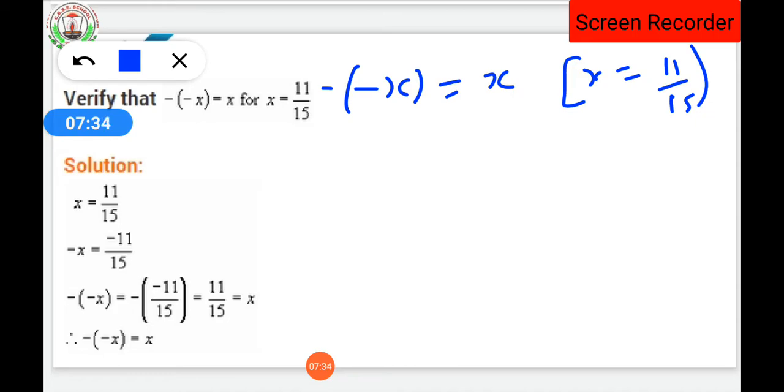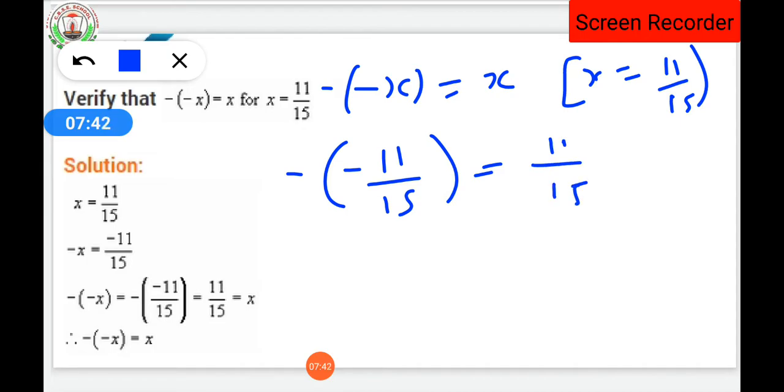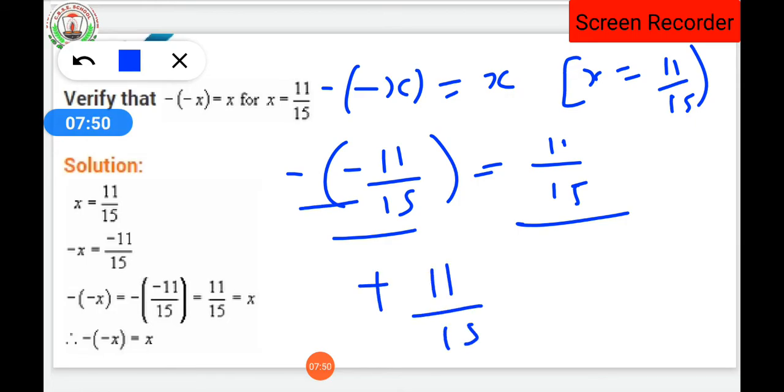Now putting the value, minus of minus 11 upon 15 is equal to 11 upon 15. This is the LHS part and this is the RHS part. When you open the bracket, minus and minus will become plus. So it will be 11 upon 15 is equal to 11 upon 15. Hence we can see that LHS is equal to RHS.